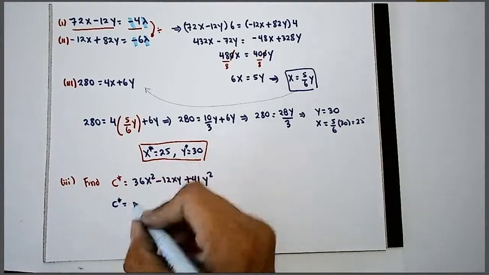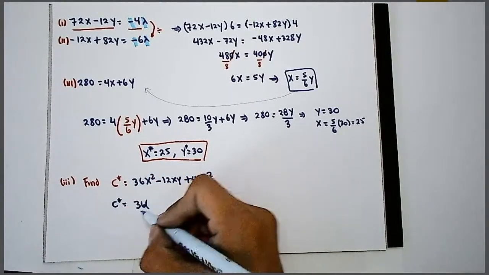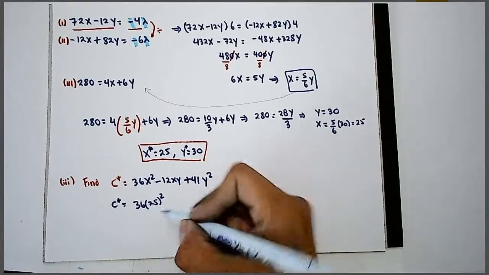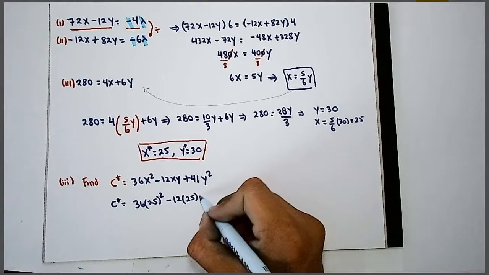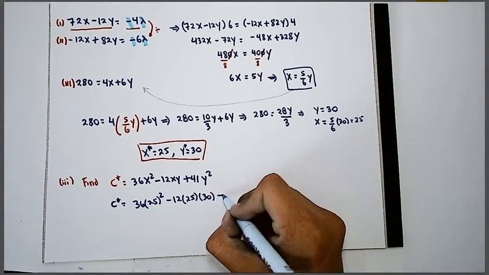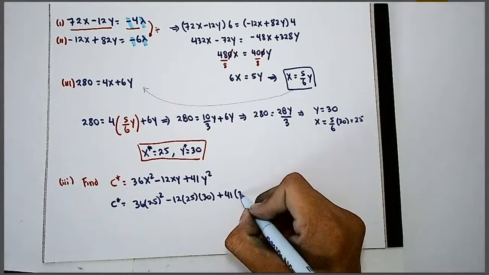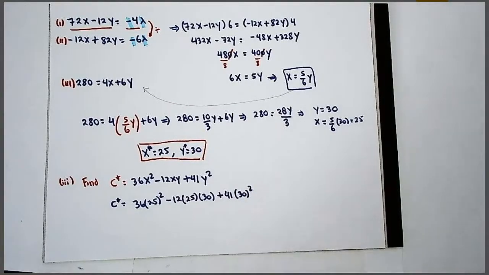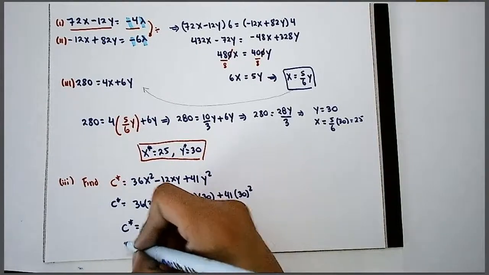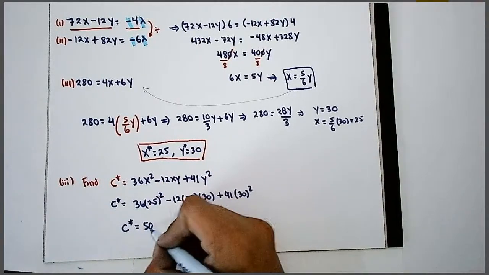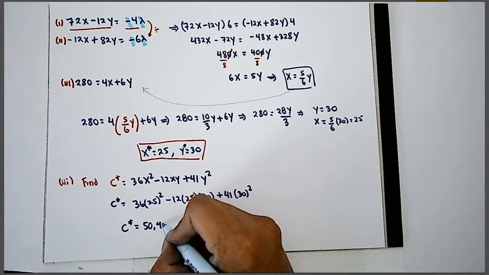So this is going to be 36 times 25 squared minus 12 times 25 times 30 plus 41 times 30 squared. The optimal cost then will be 50,400.